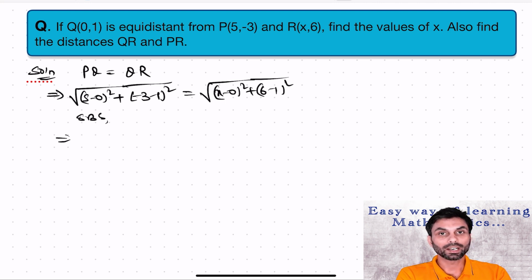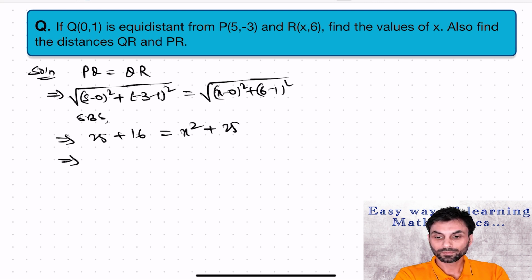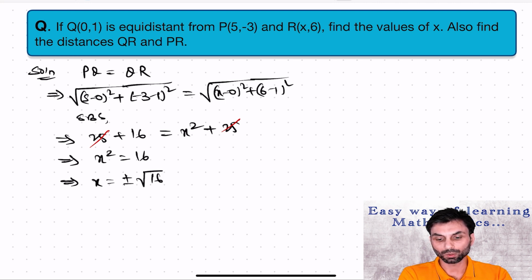On squaring both sides, we'll get 5 minus 0 is 5, square is 25, plus -3 minus 1 is -4, square is 16, which will be equal to x square plus 25. Now in this case, 25 and 25 will get cancelled. We'll get the value of x square as 16, which means x will be plus minus root 16, which will be plus minus 4.